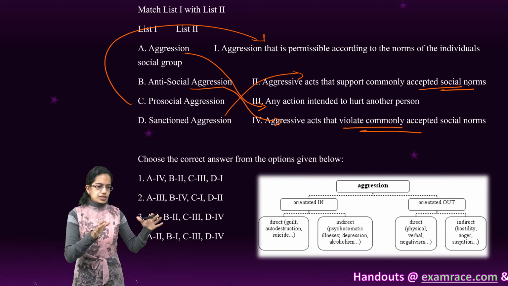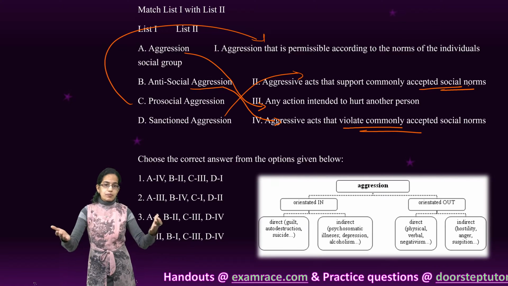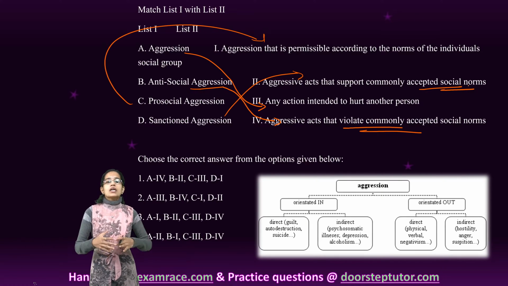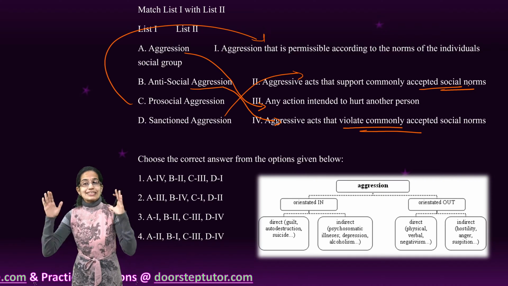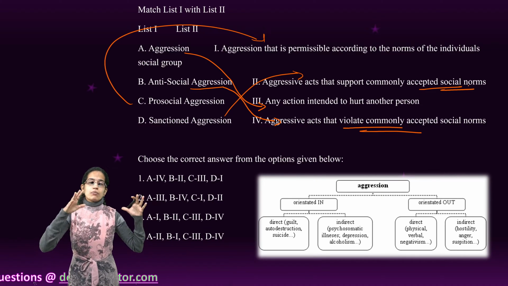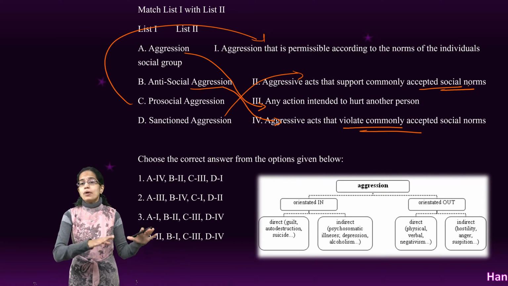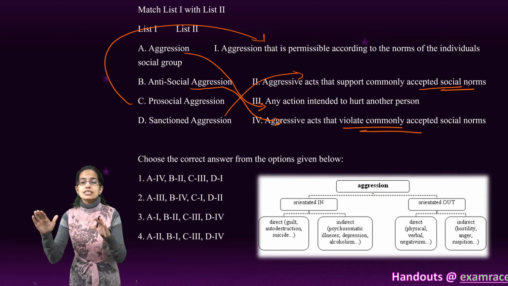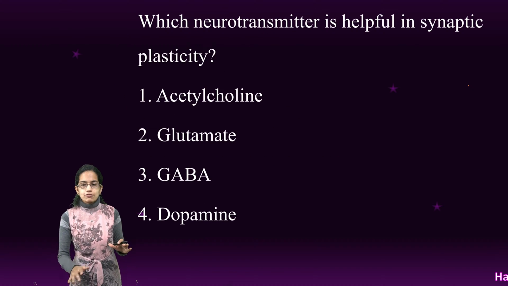For example, there could be a police action which is acceptable by a group of social norms, and therefore a police action against something that is being done wrong is a sanctioned aggression, even if police is trying to use a tear gas, control mob. It is a form of sanctioned aggression because it is accepted as a part of social norms.